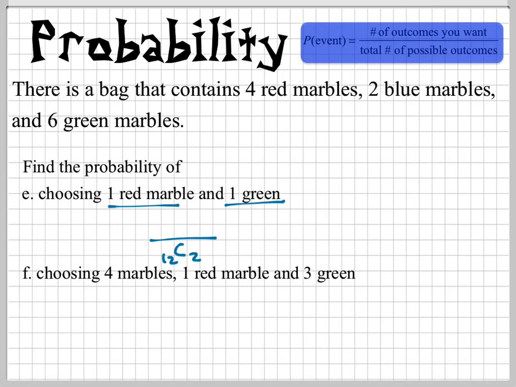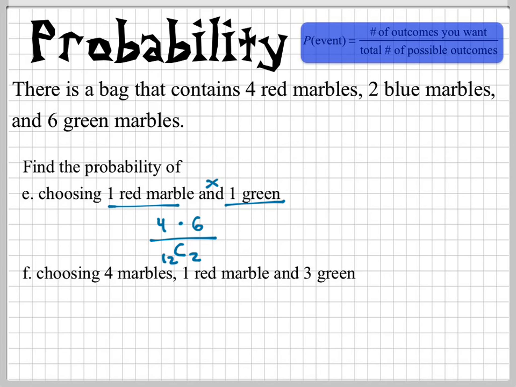Yes, very much. And then on the top, we're going to write how many total possible ways we can choose a red, and we're going to multiply that by how many total possible ways we can choose a green, because and means multiply. And so that's 4 for the red times 6 for the green.